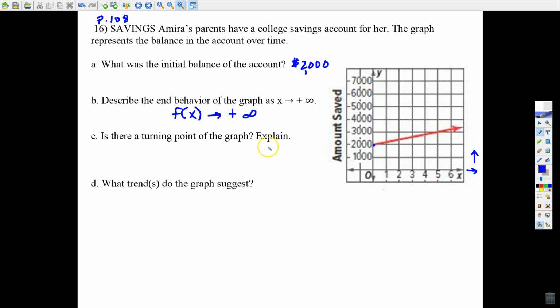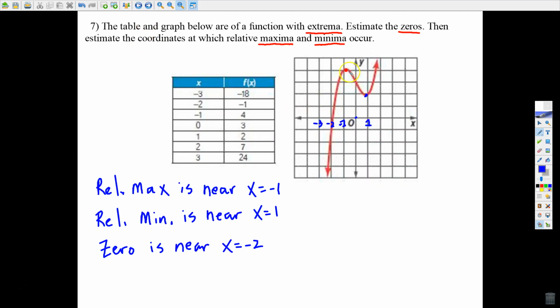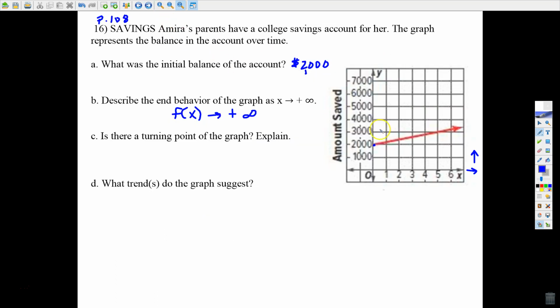Letter C, is there a turning point in this graph? Well, remember what we said about turning points? Those are like max and min points, points of inflection. And for this, it's just a straight line.